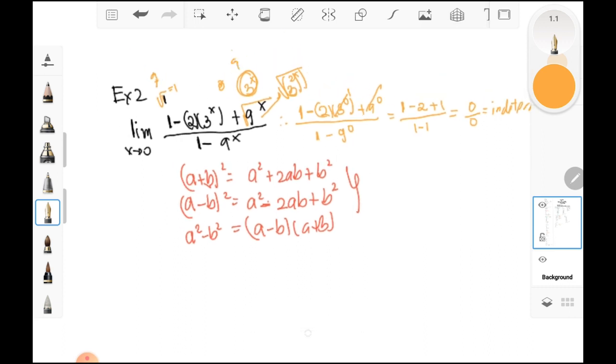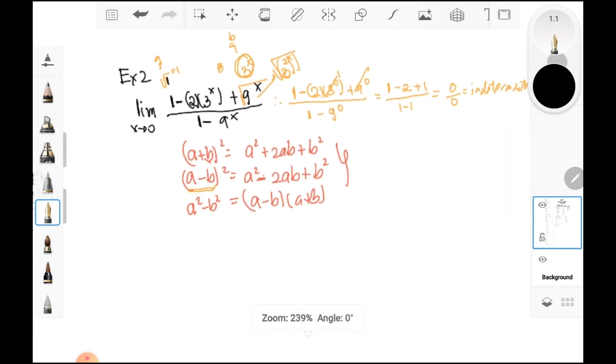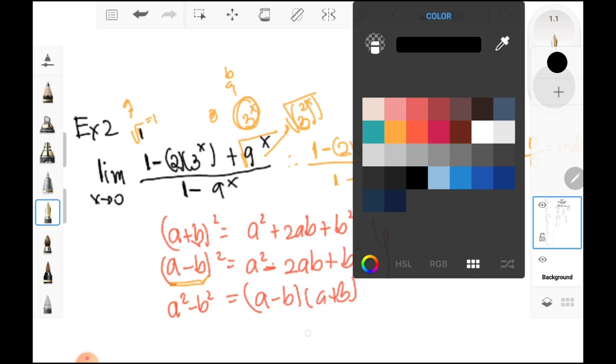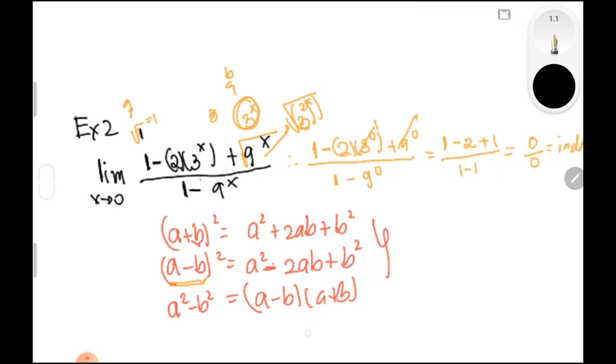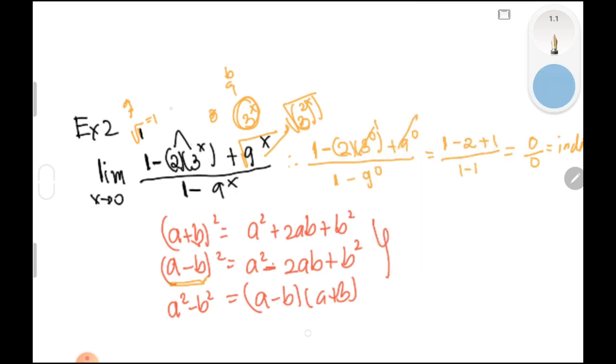Okay? So therefore from this, since negative 2, I can say that this has a value of a minus b squared. Okay? So therefore, in the process of my simplification, I will remember that from our rules in our exponential multiplication, that bakit hindi 6 to? Because we have 2 raised to 1 multiplied by 3 raised to x.